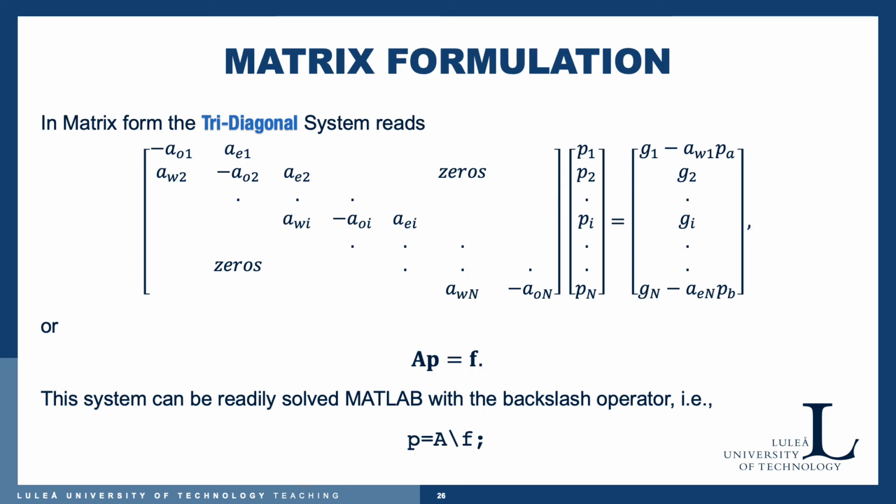Now, in compact notation, we can formulate the matrix, calling it the determining matrix A, and then we have A times P equal F, where F is the right hand side vector. If these were numerical values, we could solve it readily in MATLAB with the backslash operator, or with matrix inversion and multiplication if we like.